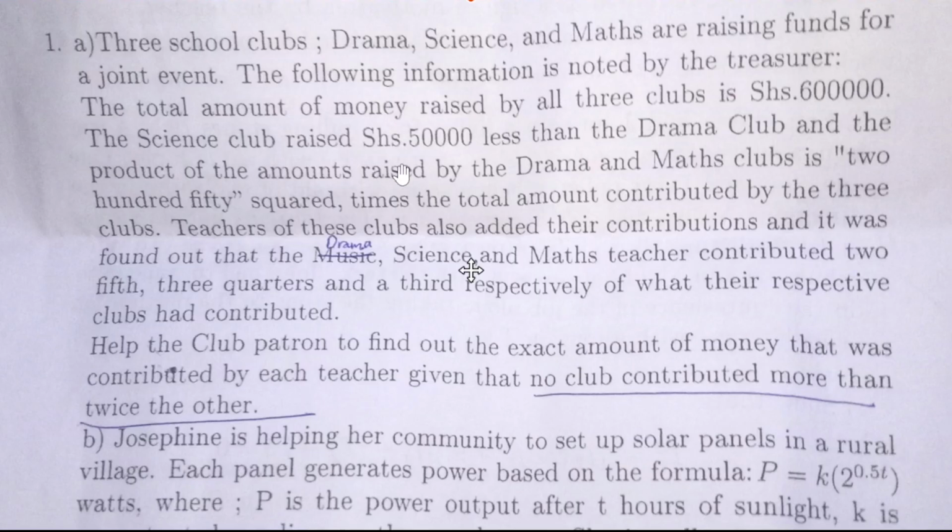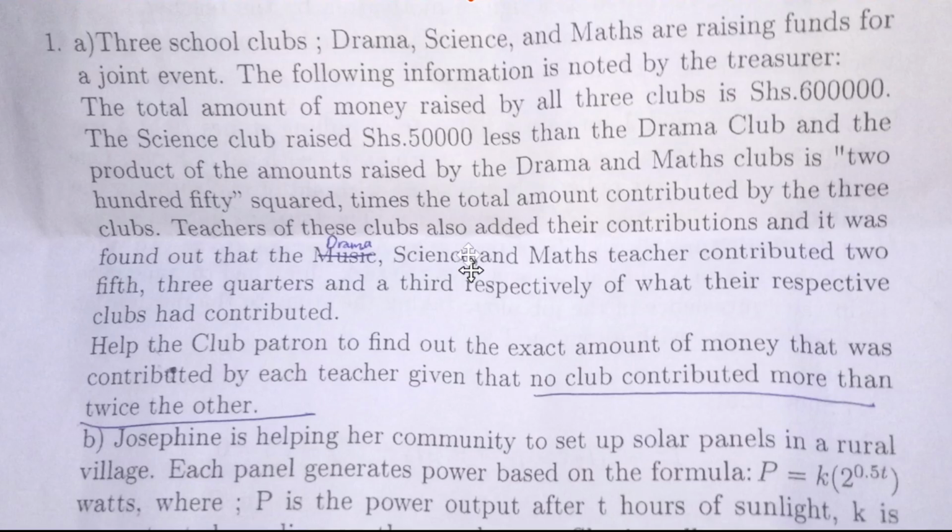The science club raised 50,000 less than the drama club, and the product of the amounts raised by the drama and maths clubs is 250 squared times the total amount contributed by the three clubs.